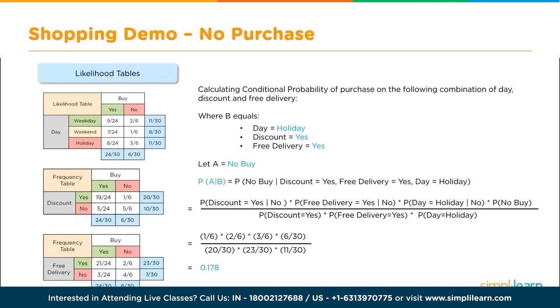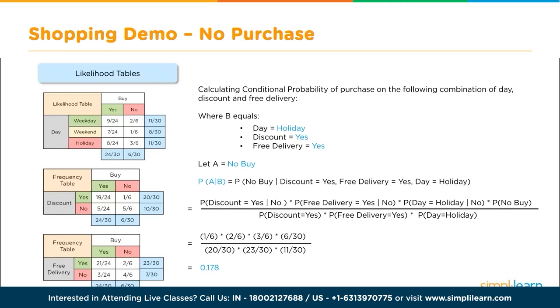So we have the probability of a discount, the probability of a free delivery, and the probability of it being on a holiday. When we plug those numbers in, we see that 1 out of 6 were no purchase on a discounted day, 2 out of 6 were a no purchase on a free delivery day, and 3 out of 6 were a no purchase on a holiday.